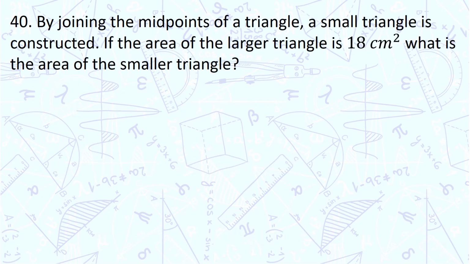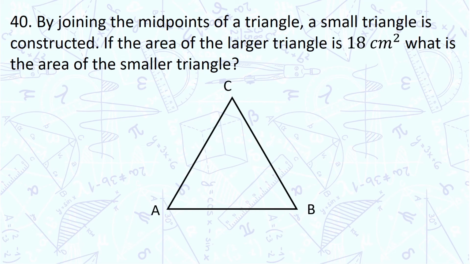Number 40. By joining the midpoints of a triangle, a small triangle is constructed. If the area of the larger triangle is 18 square centimeters, what is the area of the smaller triangle? In here, we can use the extreme case scenario. Let us have an equilateral triangle ABC. So we can draw the mid segments.